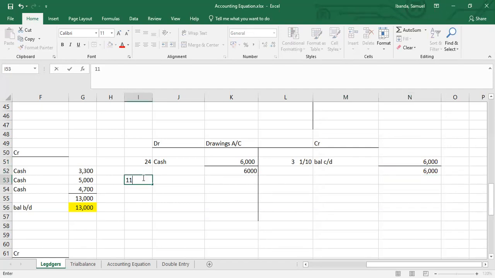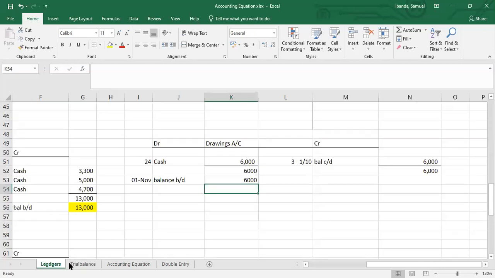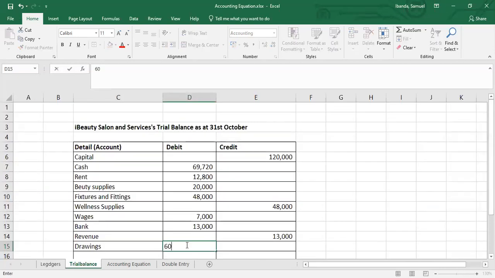And on 1st November, your balance brought down will still be 6,000. So come to the trial balance and say drawings. Remember, it has a debit balance. I'll put 6,000 here.